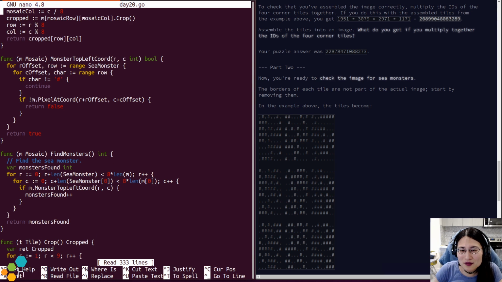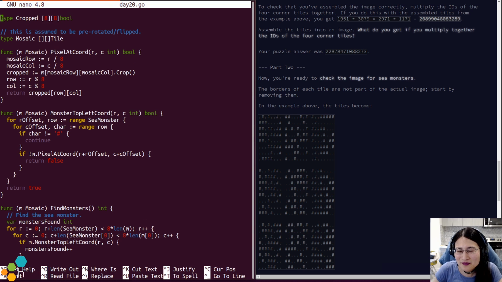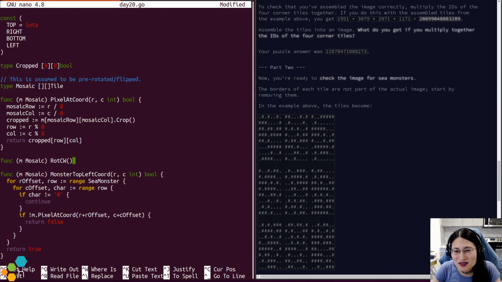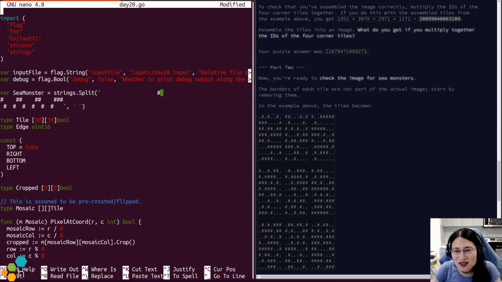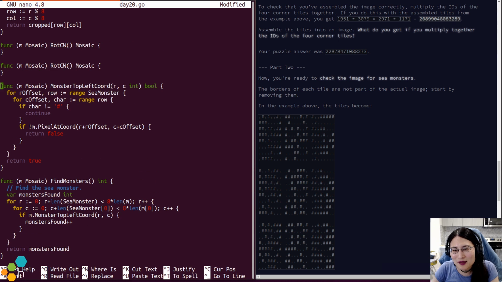Yep, so I need to define what rot CW and flip are on mosaic. And a mosaic could be a variable width. Okay, so we're going to have to watch out for that, but that's fine.